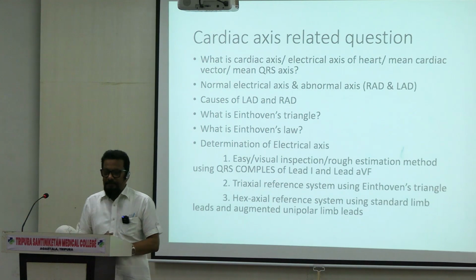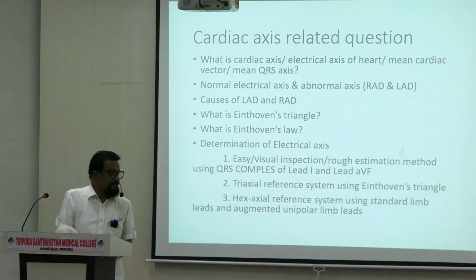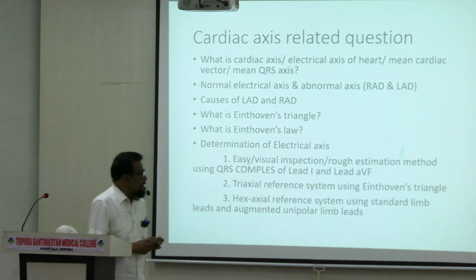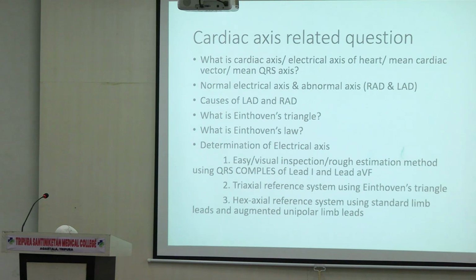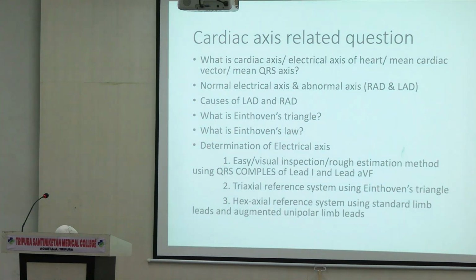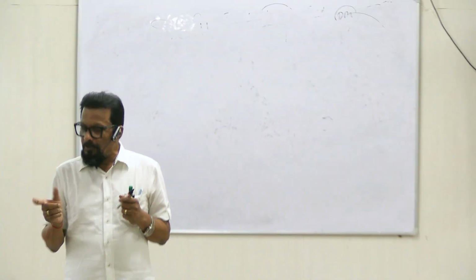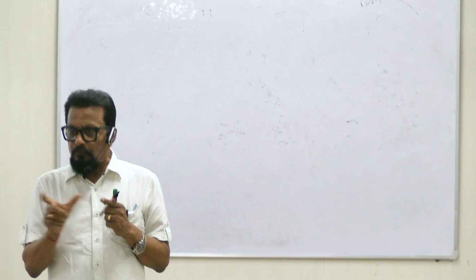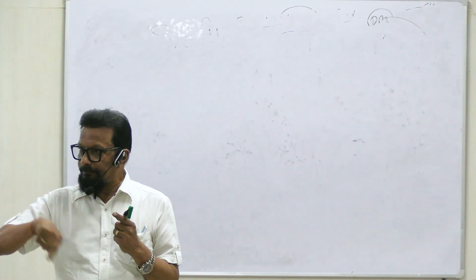Now, how is this electrical activity of the heart generated and how is it spread to the body surface? You can think of the heart as a battery. A battery has two poles, one negative and the other positive. Because of these two polarities, a dipole, there is a flow of current.